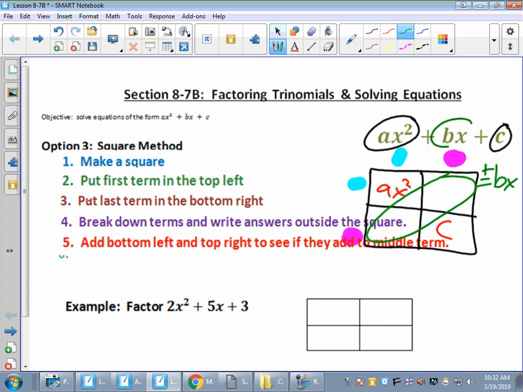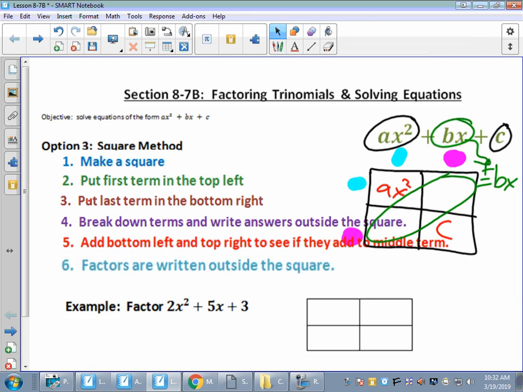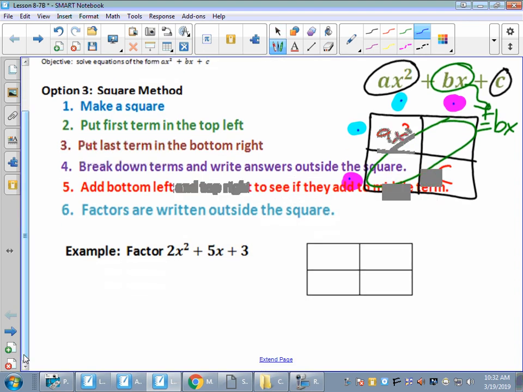They would add to make your middle term here. If they do, then we're in good shape, and your factors are written outside the square. So your answers in these highlighted areas, here, here, here, and here, will be your factors. Okay? So let's take a look at an example down below.